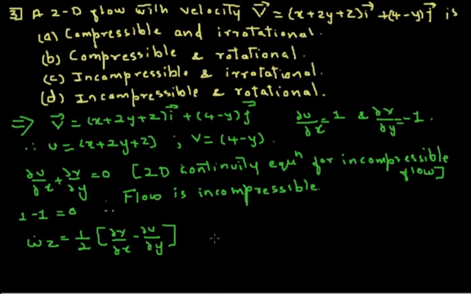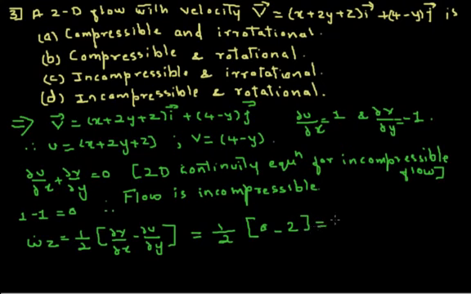Now here, if we put the values then we have half. Now del v by del x: if we differentiate this v with respect to x we would get 0, minus del u by del y, which would be 2.